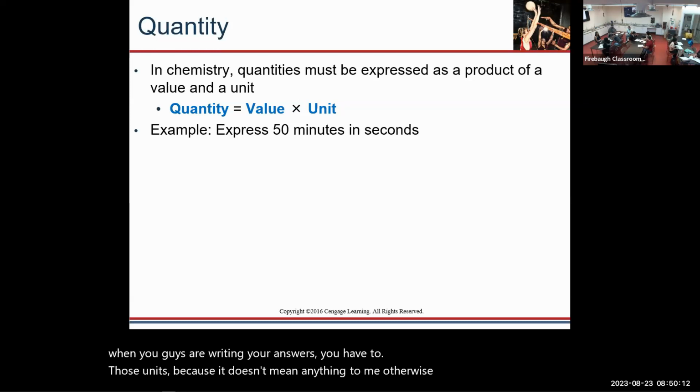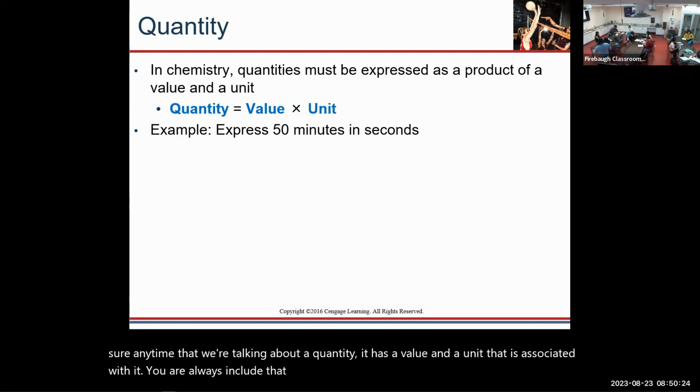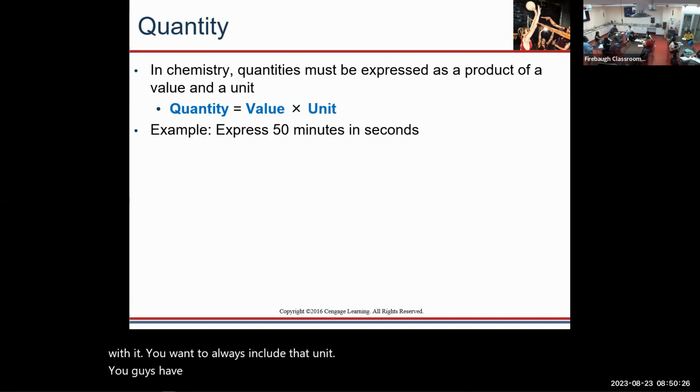So we want to make sure anytime that we're talking about a quantity, it has a value and a unit that is associated with it. You want to always include that unit. You guys have 5 minutes to go take a break, right? Now you know how long you have to take a break.